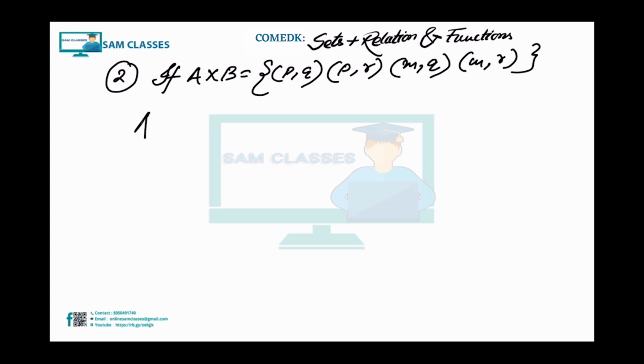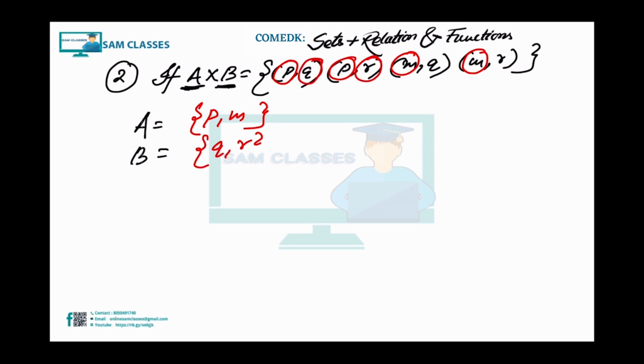Now they're telling us to find the set A and set B. So I already told you this is A first and then cross with B. So whatever the first elements are, that belongs to A. So P and M are coming, so these two elements belong to A, and whatever the second elements are, that belongs to B. So Q and R, that's it. Pretty simple. So everybody understood the concept of Cartesian product of sets, correct?